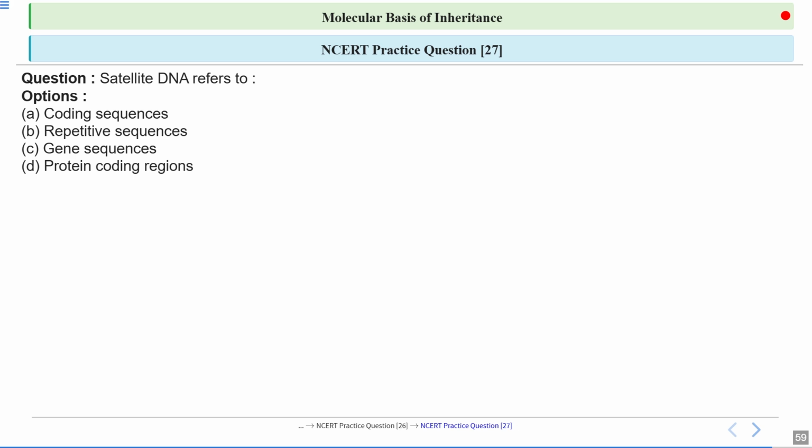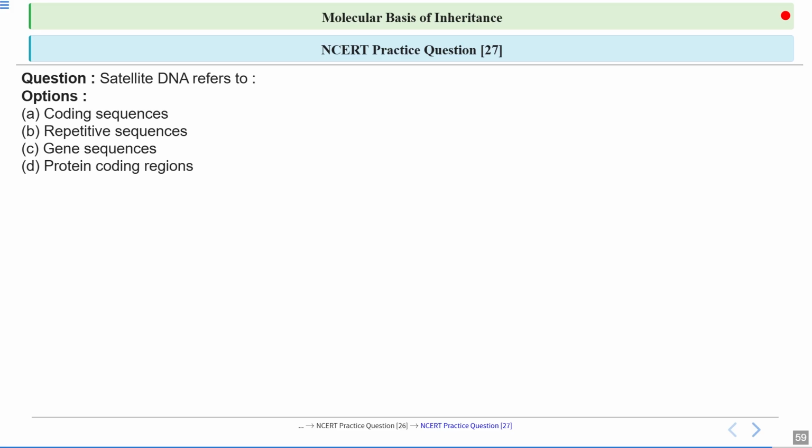Now next question, satellite DNA refers to what? So options are coding sequences. Next is, are they repetitive sequences? Option number C, they are just gene sequences. And option number D, they are protein coding regions.